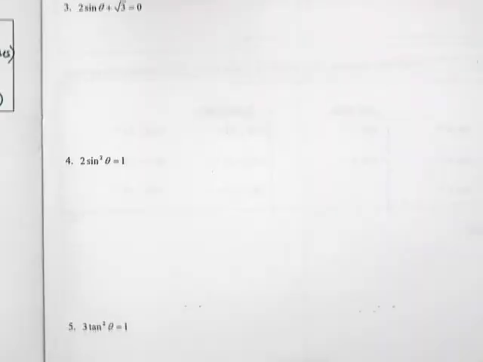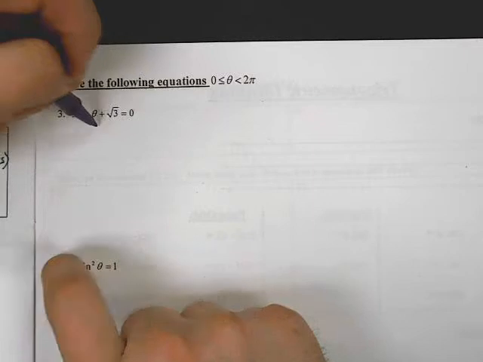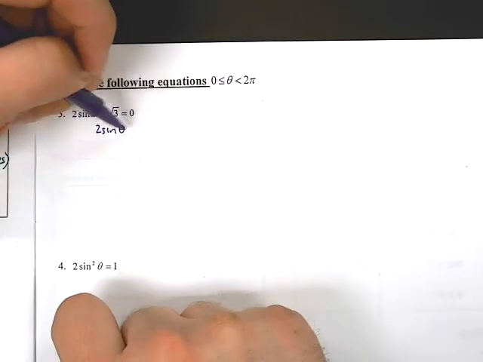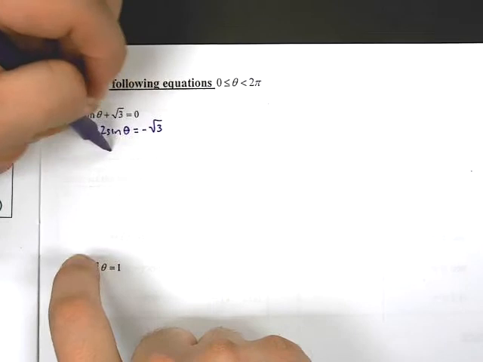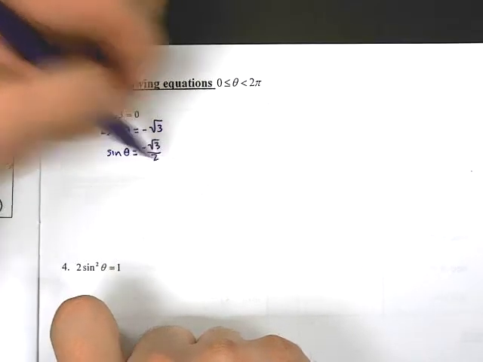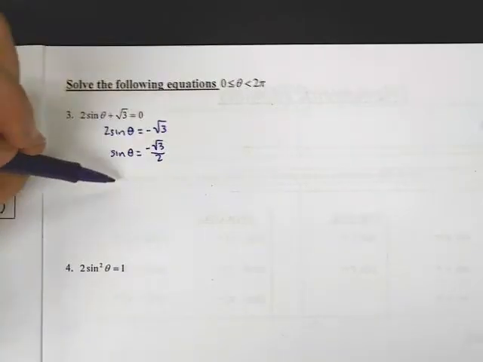So, we move on. We have some tougher problems, I'd say now. And by tougher, I just mean we have to do some simplifying. So if I take a look at this one, I can use some algebra. I can say that 2 sine theta is going to equal negative root 3. Or I can even say sine theta is equal to negative root 3 over 2. And that's great, because now I could draw a unit circle.